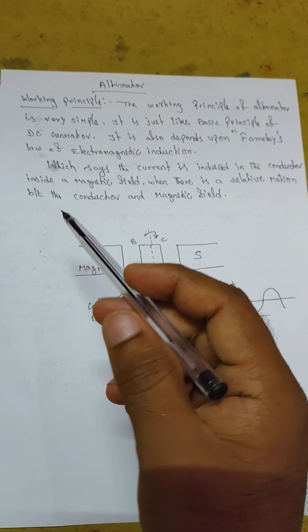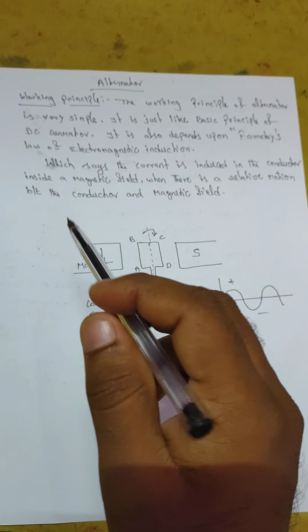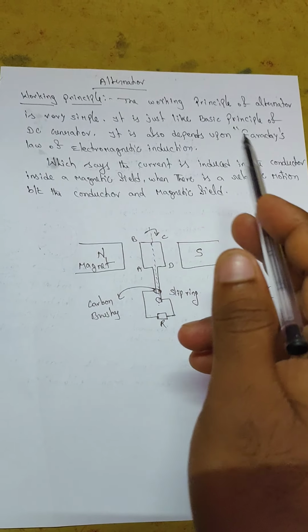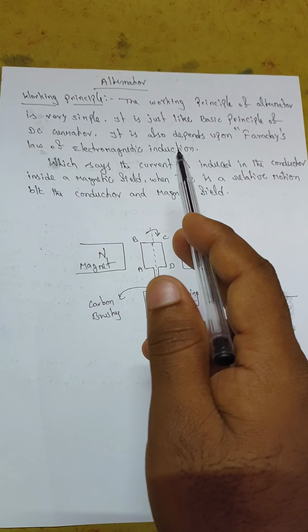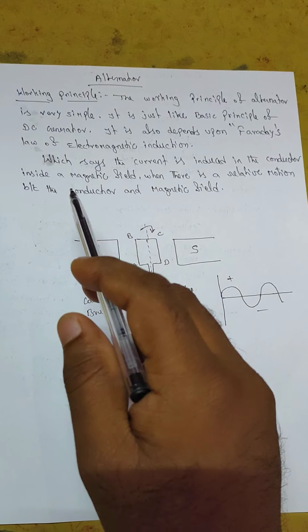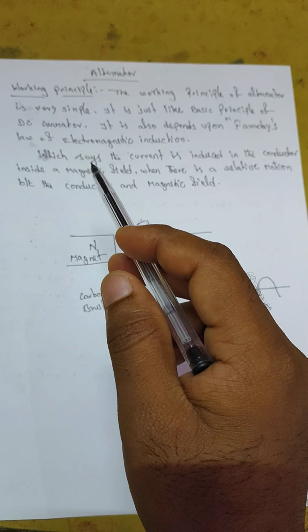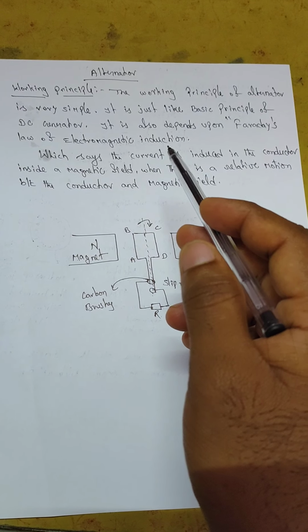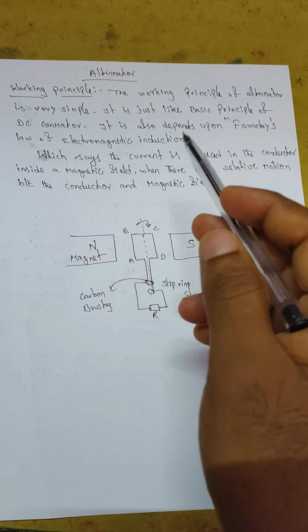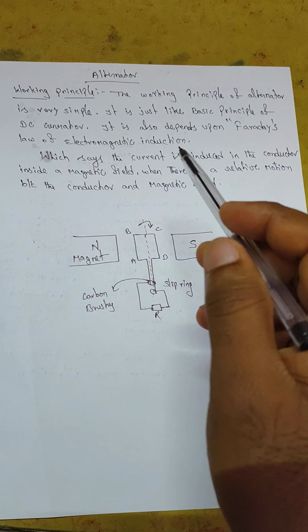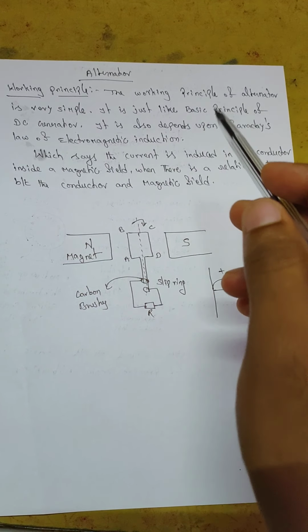In the previous class, for the DC generator, Faraday's law of electromagnetic induction was applicable. Whenever a conductor is placed in a magnetic field, current will be induced in the conductor. That is Faraday's law of electromagnetic induction.